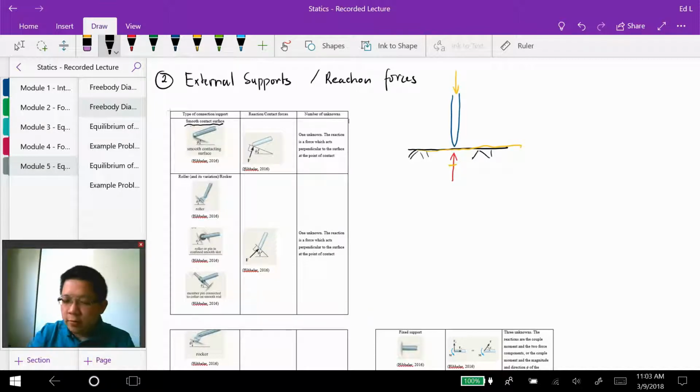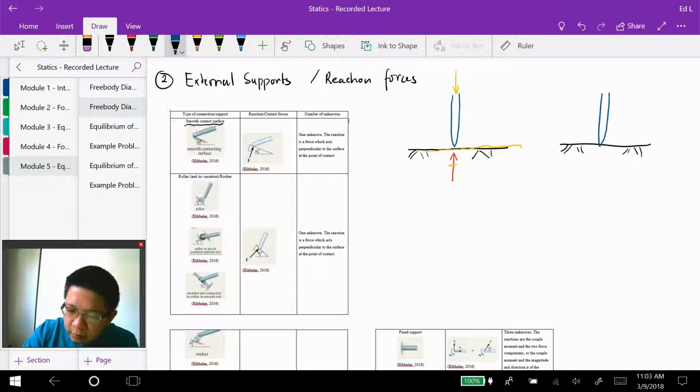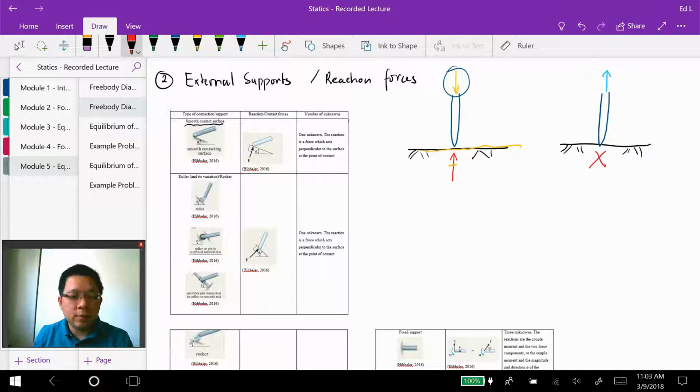However, I have to make a note in here. If we have another case where this member, instead of transferring a downward force, is transferring an upward force, there is no reaction force. Let's see, this is the surface and this is the member.